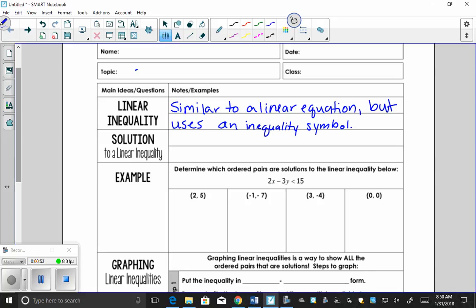The solution to a linear inequality is all of the ordered pairs that make the inequality true.